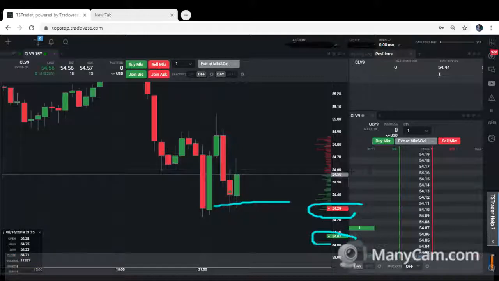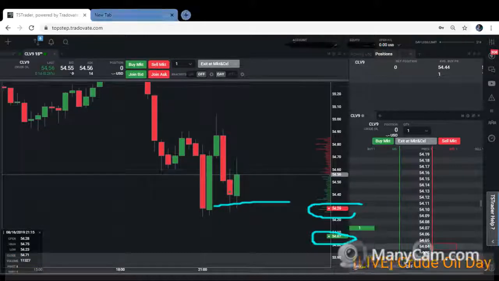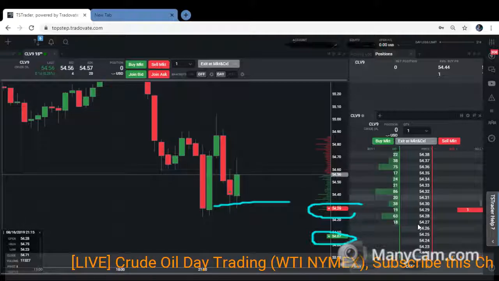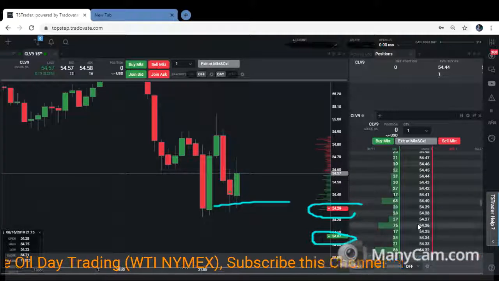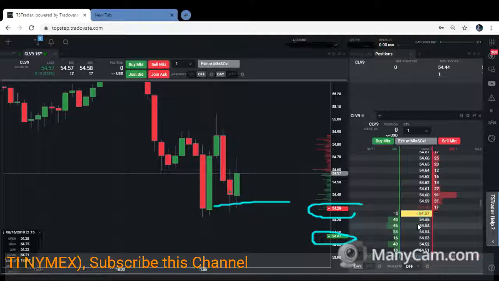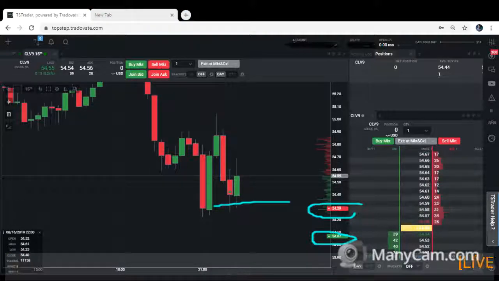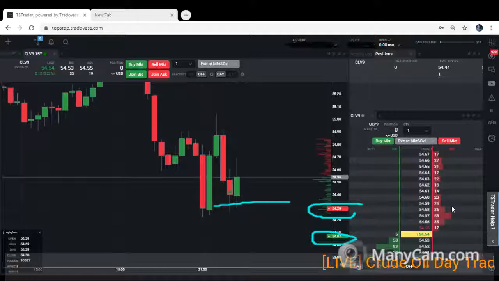Okay, this is where I will exit my positions. It looks interesting that the market could have a major sell down, at this moment 54.57. I have to be more patient.